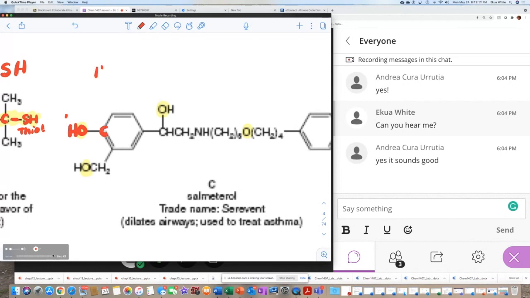So we know that if we have HOC or COH, this is going to be alcohol. So this is alcohol right here. Same thing over here, HOC, also alcohol. And then this one here is also alcohol because we have an O on one side, an H, and on the other side we have a C.